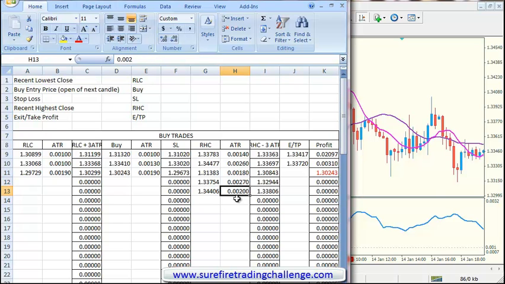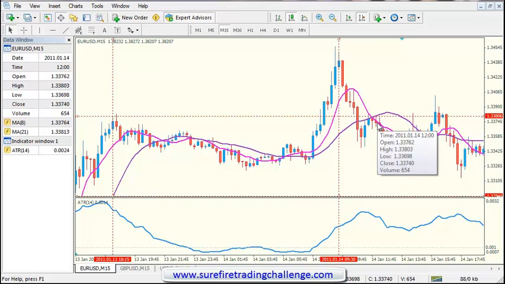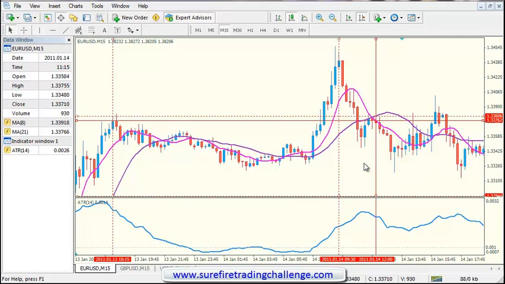So 3 ATRs from our highest close is 1.33806. So over here, it should be right there. And you can see that our SMA is also crossed over there. And so once it crosses, then we exit the trade at the open of the next candle, which is over here.